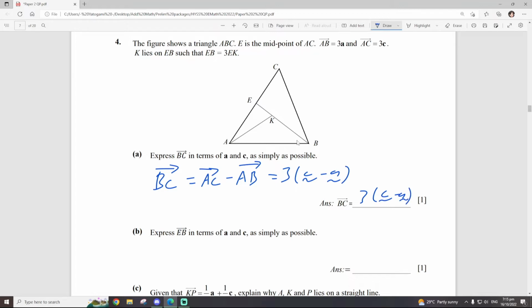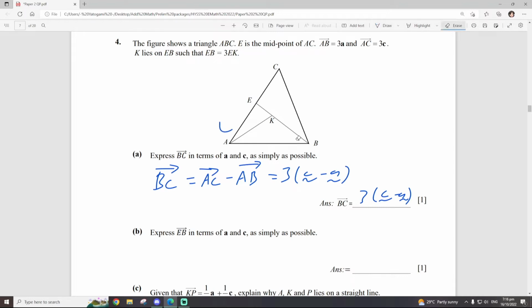Express EB in terms of A and C. So EB, E is the midpoint of AC.